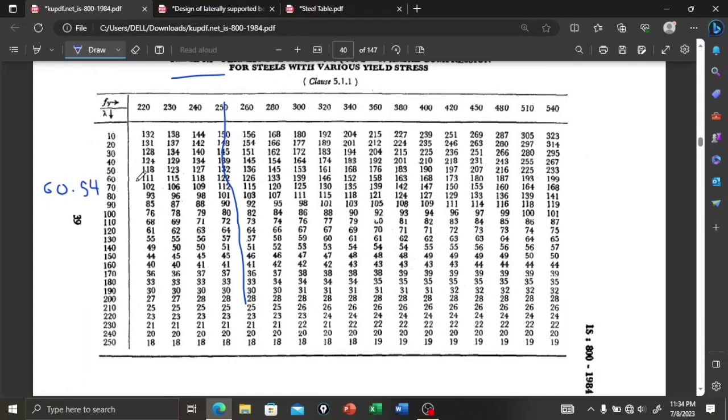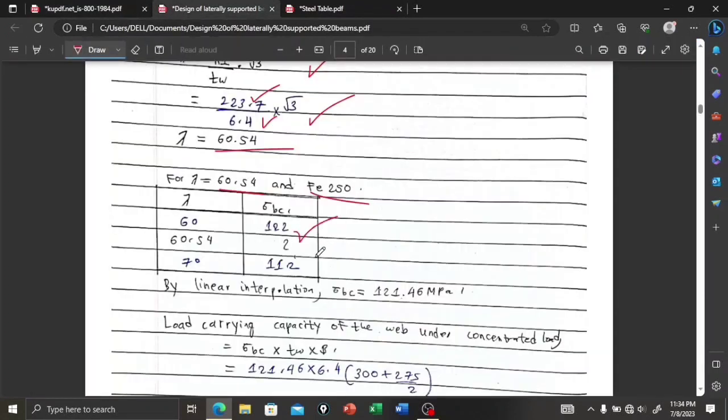For 60 the value is 122, and for 70 it is 112. So by linear interpolation sigma bc is 121.46 megapascal.